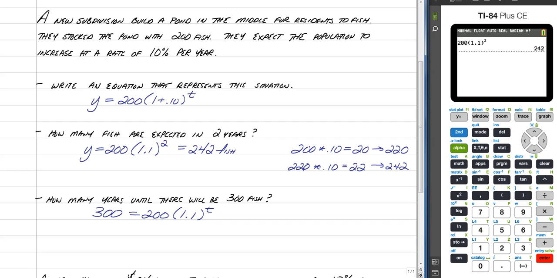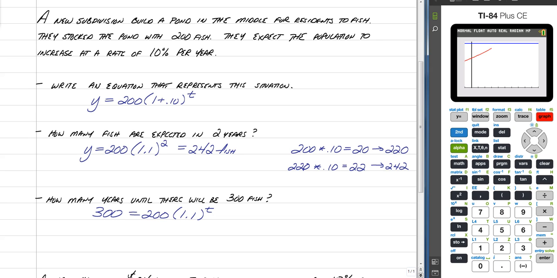Well, one thing that you've always had for yourself is a calculator, and we know all you have to do is set two equations equal to each other by putting 1 in y1 and 1 in y2. So in y1 you just type 300. And in y2, you just type your exponential growth equation, which is 200 times 1.1 raised to the x, because we can't type a t. And you're just going to click graph.